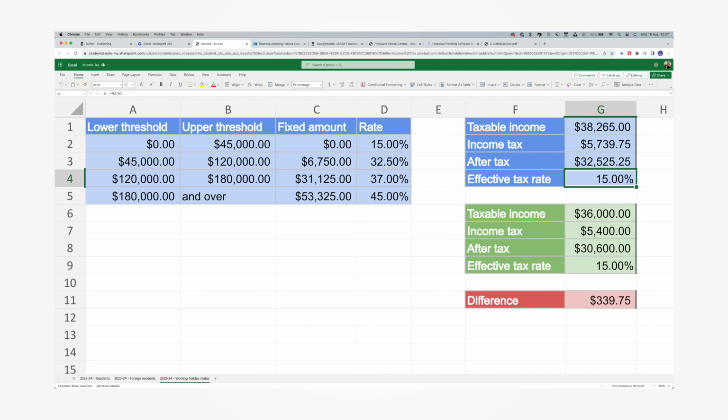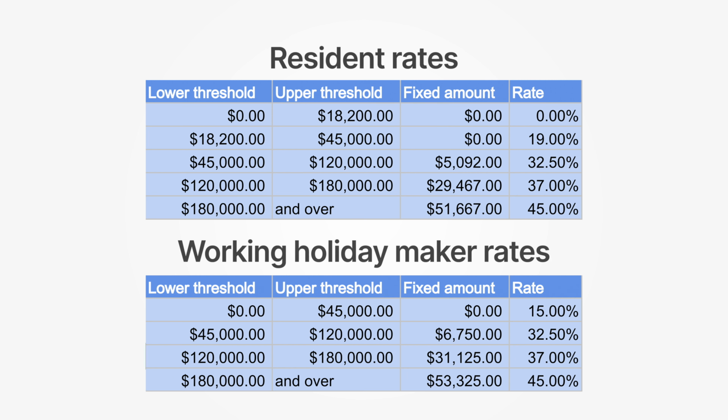As you can see, there is still no tax-free bracket like there is for residents or temporary residents, but with this bracket there is a 15% starting rate that applies to the first $45,000 made. Immediately after that, they would pay 32.5% on any money made between $45,000 and $120,000, which is the same that a resident would pay, but of course, because there is no tax-free bracket, the fixed amounts are different.